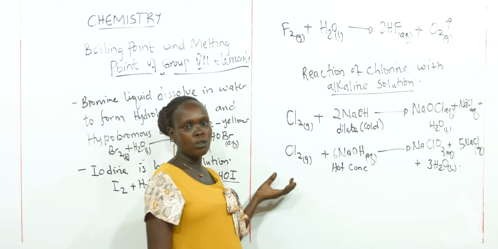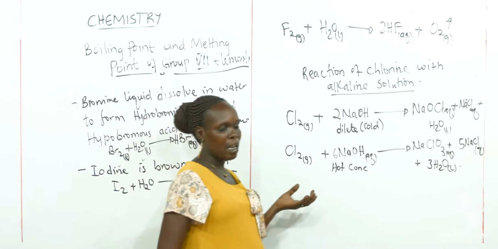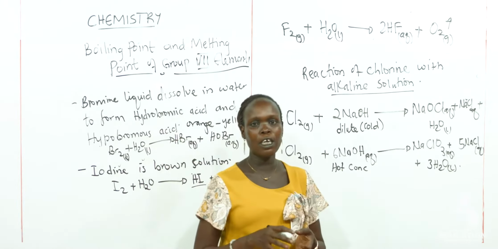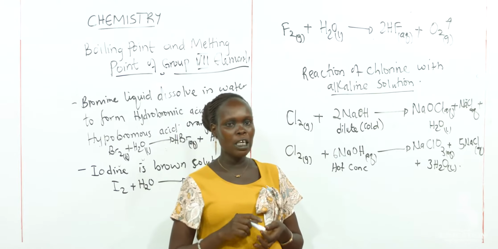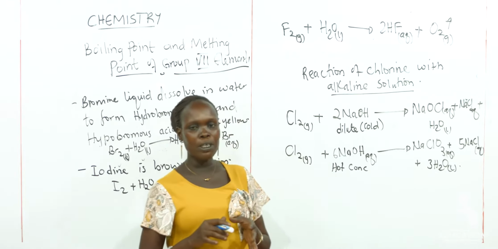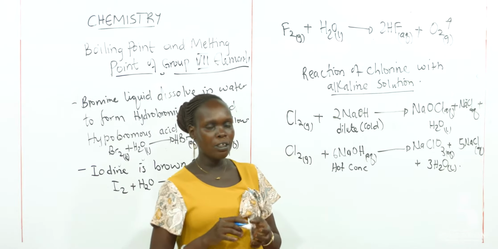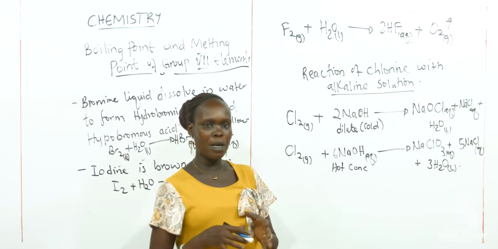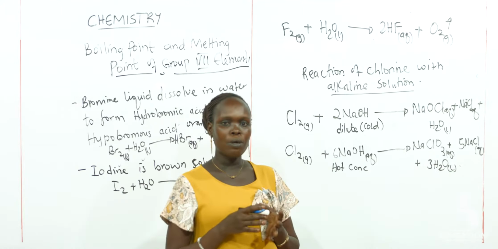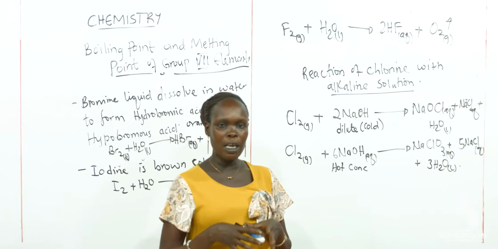We also have to remember that the group 7 elements can form anions, and they form them by gaining a single electron to complete their outermost shells. When you add a single electron, it will form an anion, so when you add one electron into its outermost shell, a fluorine atom will turn into a fluoride ion.